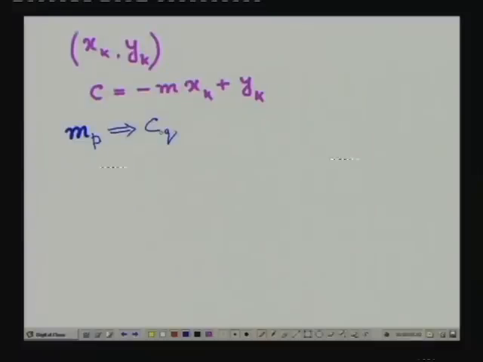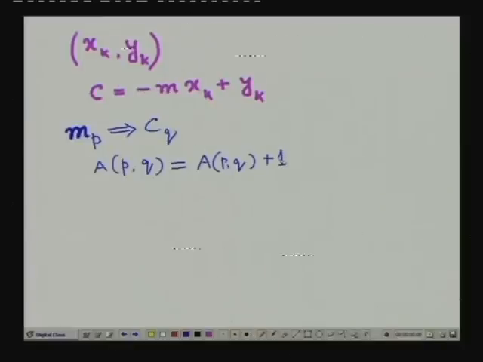So, whenever for a particular value of m p, I get a value of c q, that is the intercept value, then the operation I do is the corresponding accumulator cell a p q is incremented by 1. So, I make a p q equal to a p q plus 1.